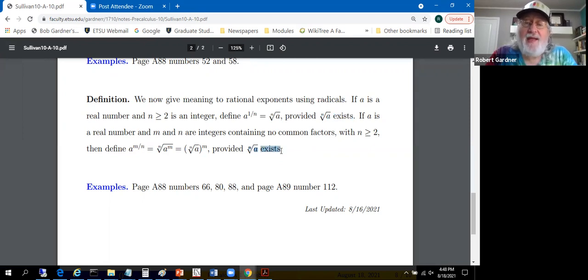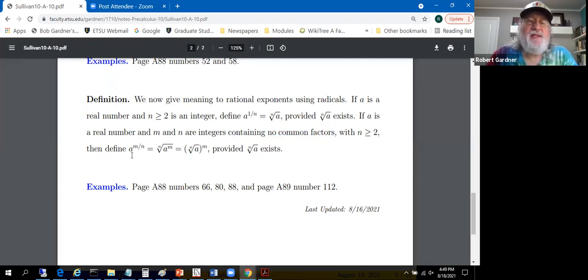All right, so that's about no square roots of negatives. And this no common factors stuff simply means you've reduced the fraction m over n. No common factors between m and n.